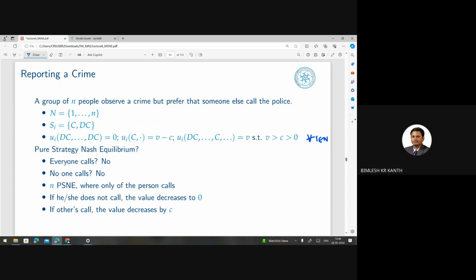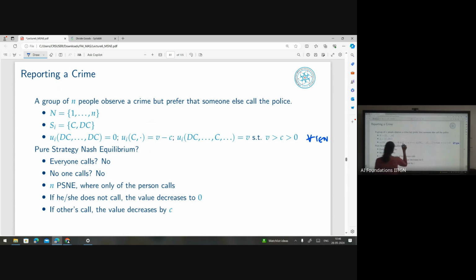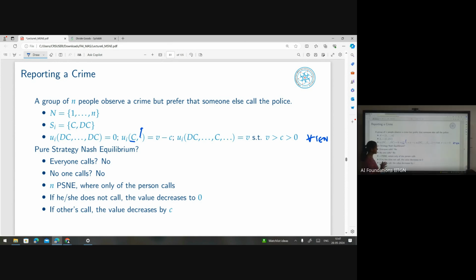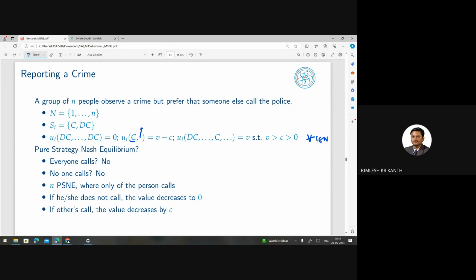And what is the next one? u_i(C, ·) means that if I called, I don't care what the others are doing. You can populate the rest of the vector with any values, either C or DC. It doesn't matter, as long as the ith person chooses to call.